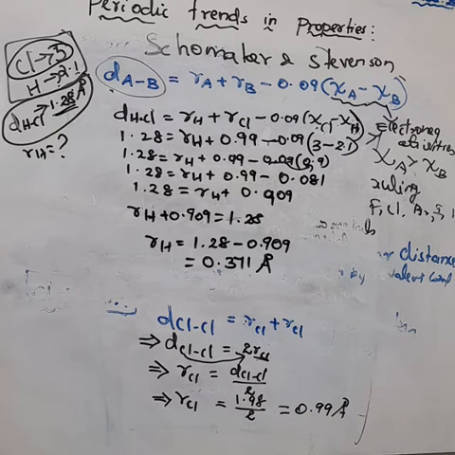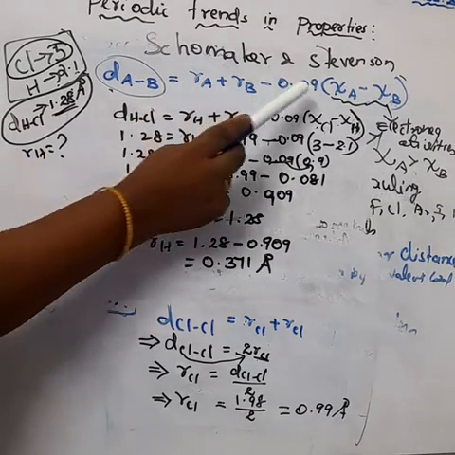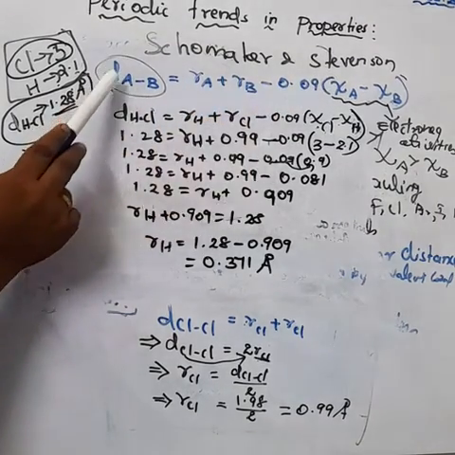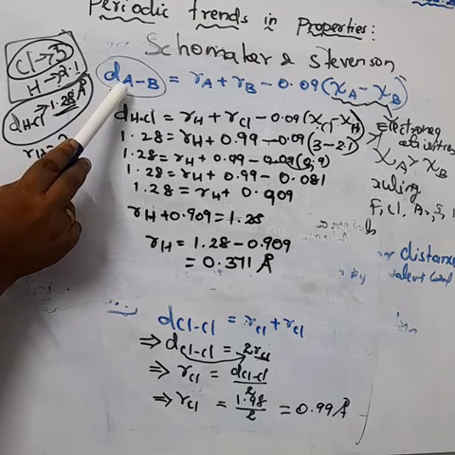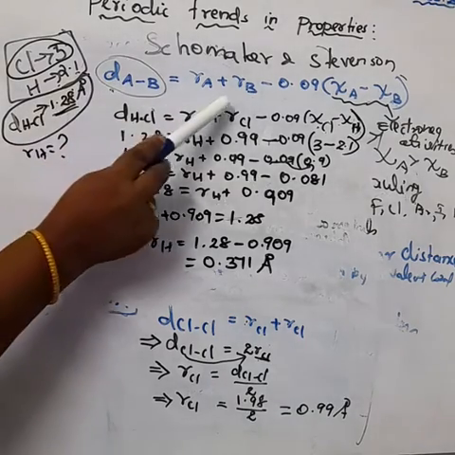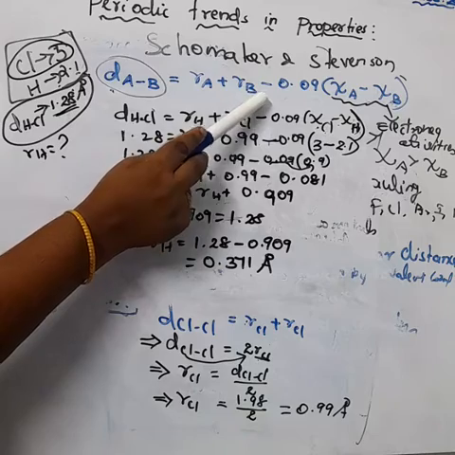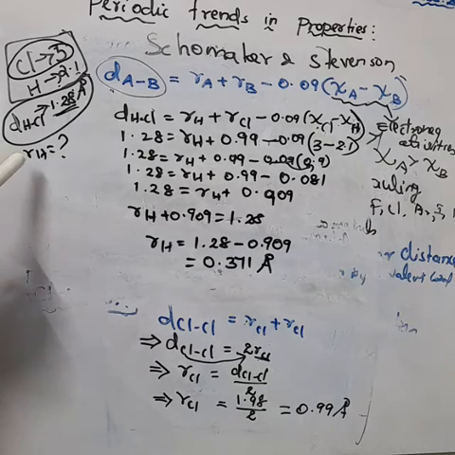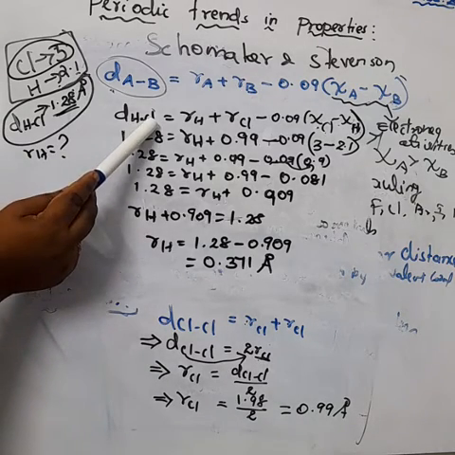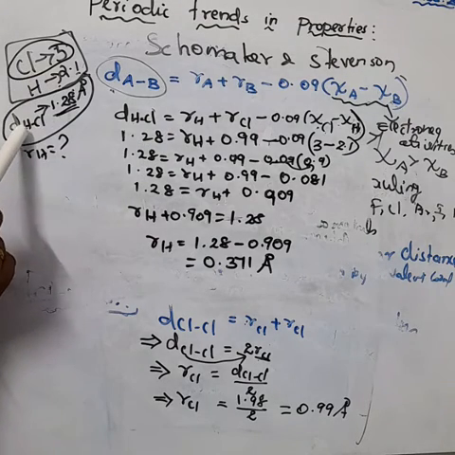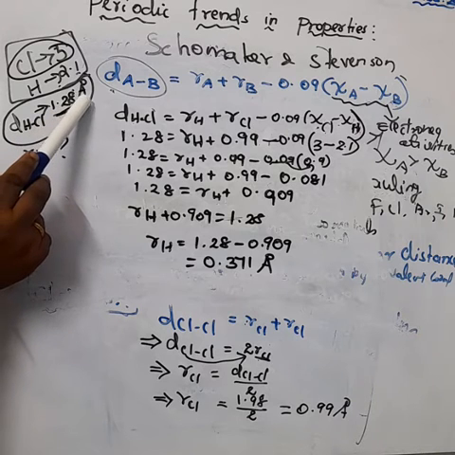Another formula, with which the internuclear distance can also be calculated, was given by Schomaker and Stevenson. The distance between the two atoms A and B is R_A plus R_B, the radii of atoms A and B, minus 0.09 into (χ_A minus χ_B). Here we are taking hydrogen as A and chlorine as B. Experimentally it was proved that the internuclear distance of hydrogen and chlorine is 1.28.